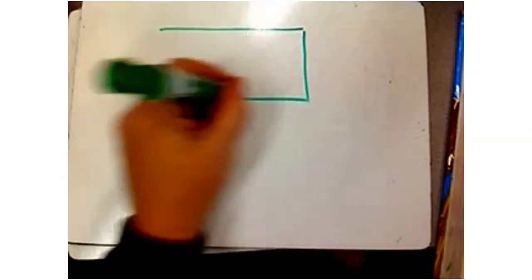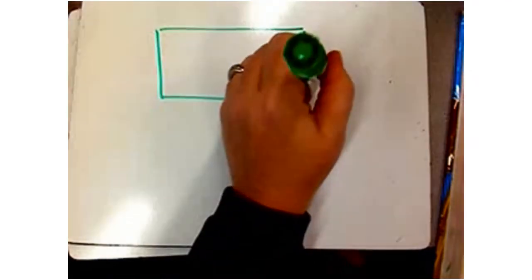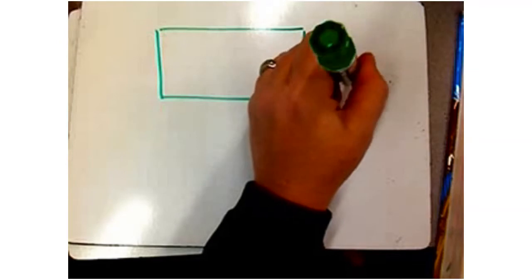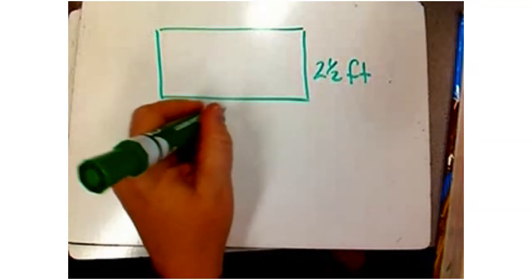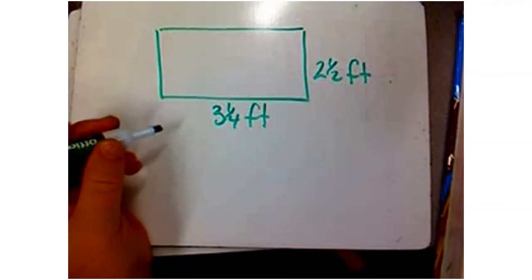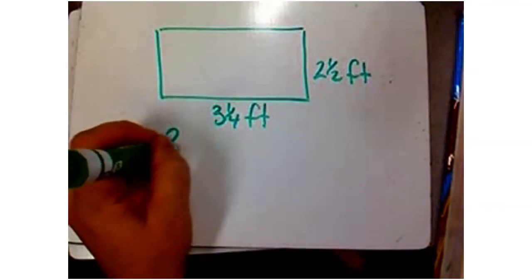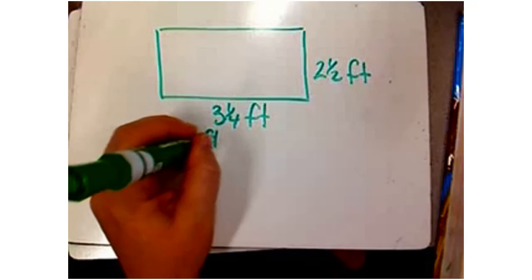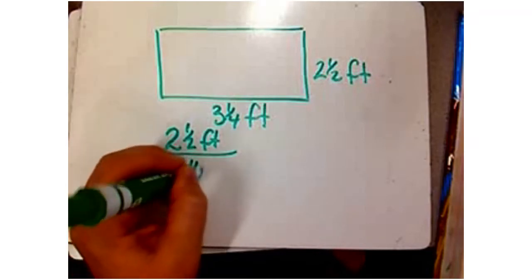And then they show a rectangle in example 2 on page 450 that has a 2.5 foot width, and a 3.25 foot length. That can be a ratio. You can show that as 2.5 feet over 3.25 feet.